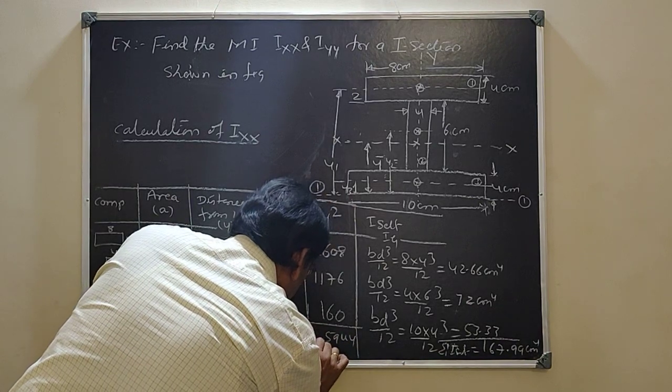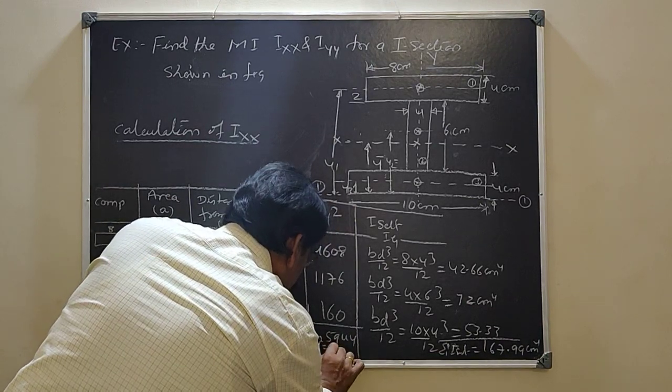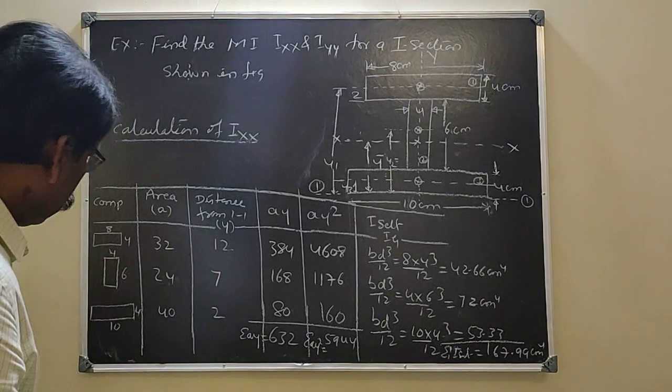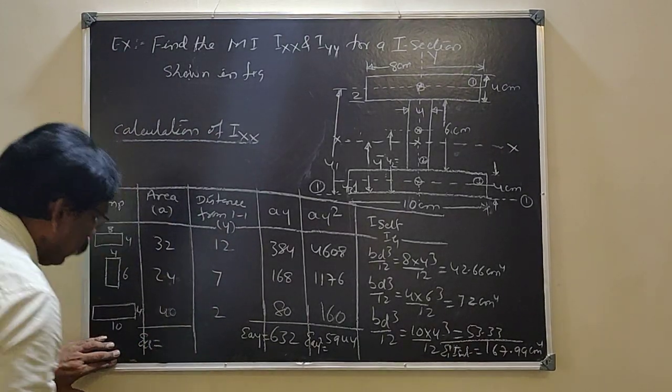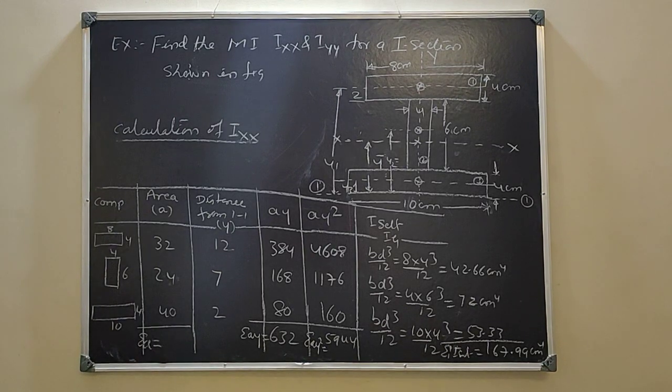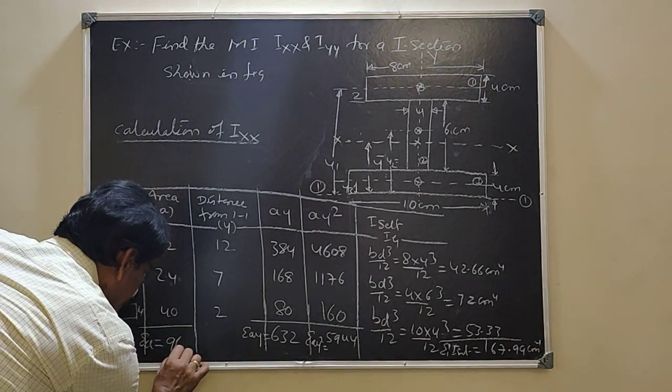Then sigma a, that is capital A, will be equal to 96 centimeter square.